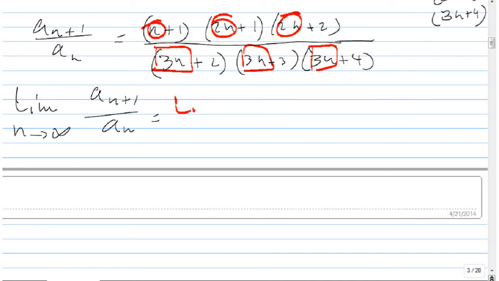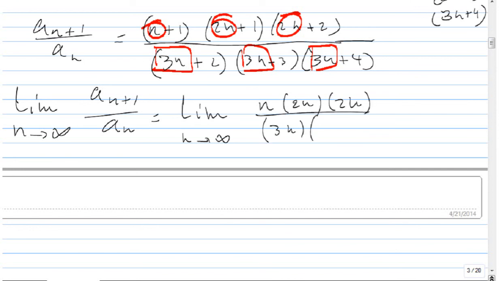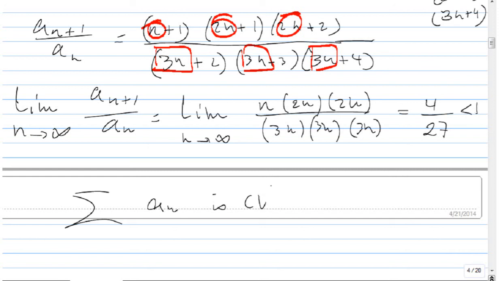So this will give me the limit when n goes to infinity of n times 2n times 2n over 3n times 3n times 3n. So we have 4n cubed at the top and 27n cubed at the bottom. So the limit is, once we cancel the n cubed, 4 over 27. And since 4 over 27 is less than 1, we conclude that our original series is convergent by the ratio test.